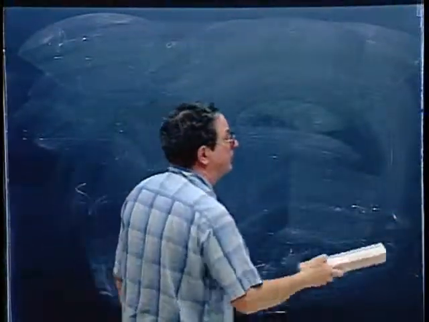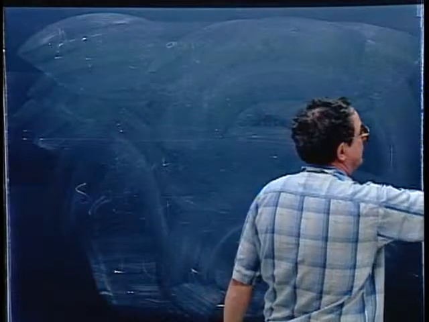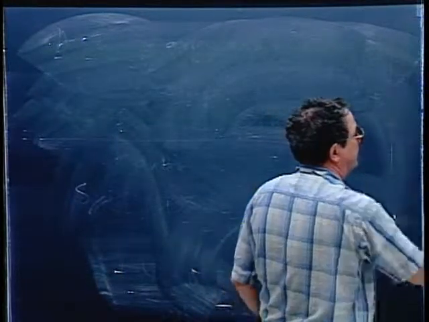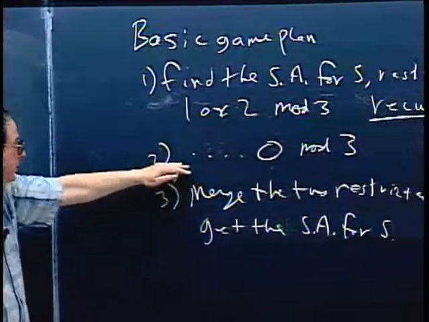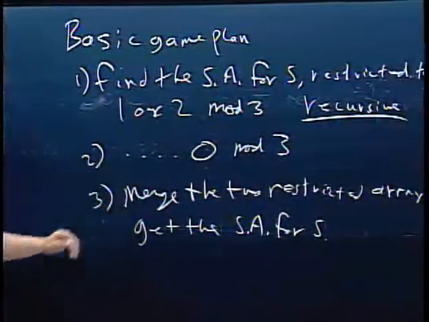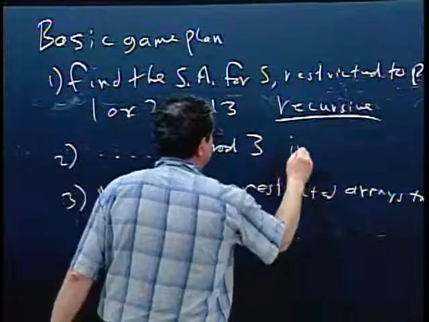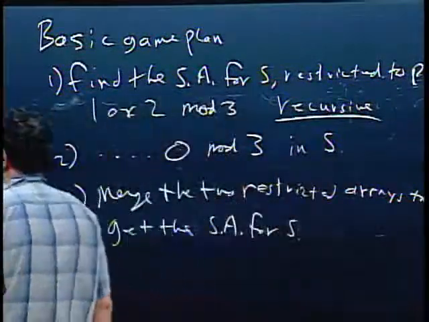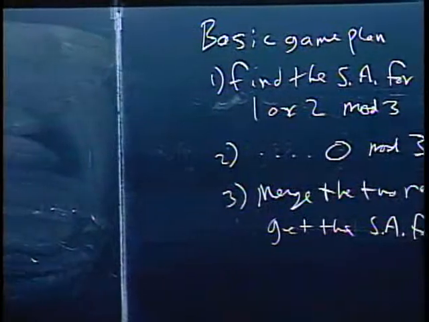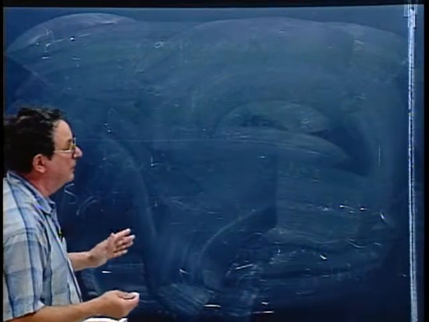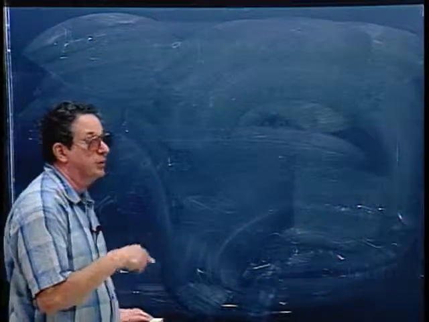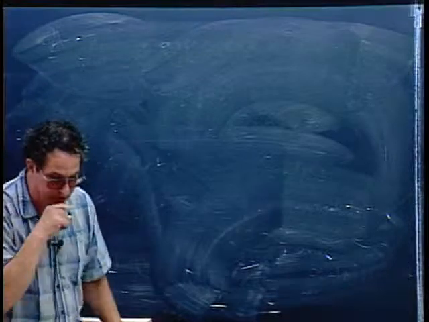Of course, when you're doing this, you have some 0 mod 3 in the new smaller substrings. Here we're talking about the ones at position 0 mod 3 in S. Okay, so we have the suffix array restricted to positions 1 or 2 mod 3, and now I'm looking at those positions 0 mod 3.